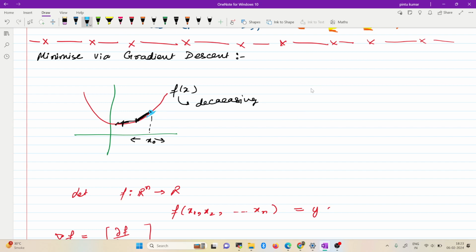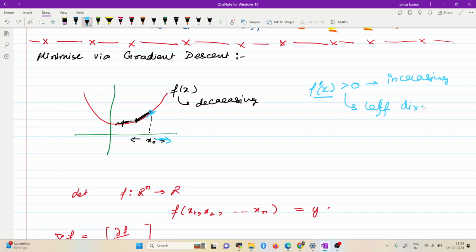If you remember elementary calculus, if f dash x at some point is greater than 0, that means the function is increasing. That means if I move towards the right from this point, my function value would increase. So if at any point f dash x is greater than 0, you should move in the left direction if you want to minimize your function.